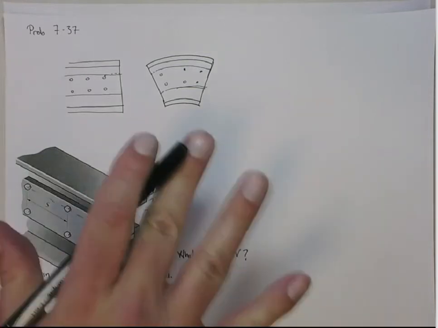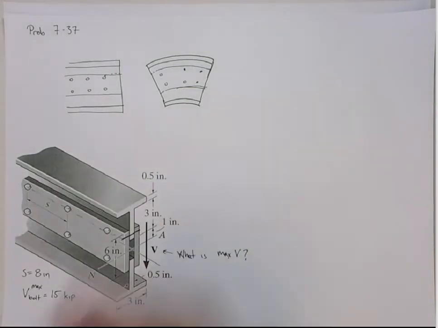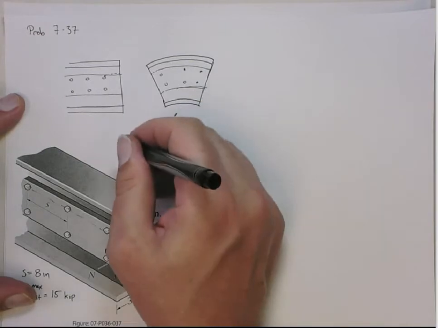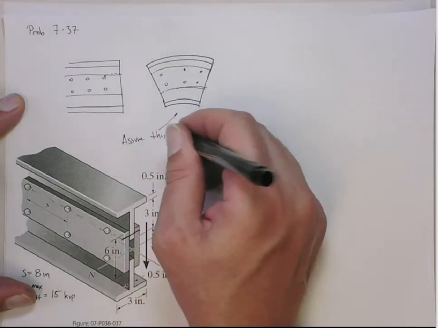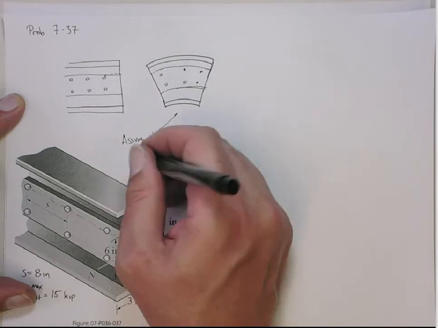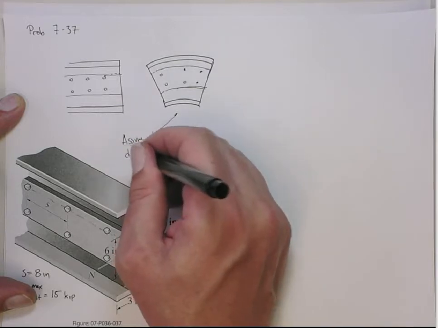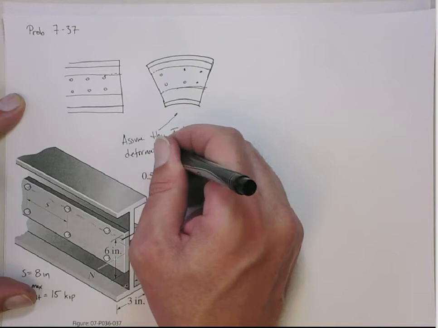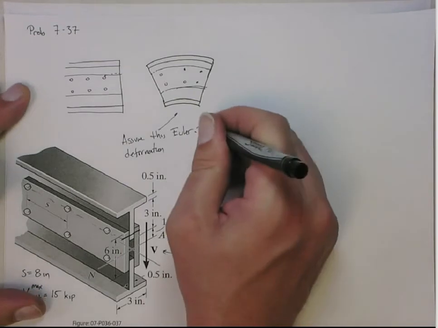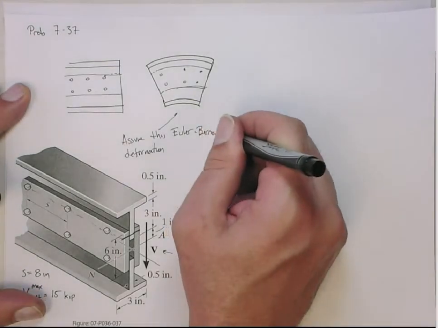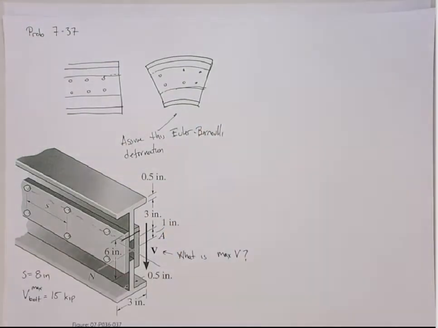So the whole thing deforms like this. Okay? So this is kind of the assumption. This is a deformation that's consistent with Euler-Bernoulli beam theory. So I guess I should write Euler-Bernoulli. Right? Depends upon which elastician you like better, Euler or Bernoulli.